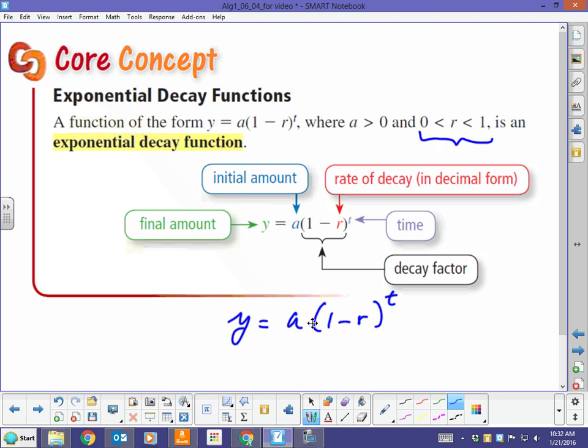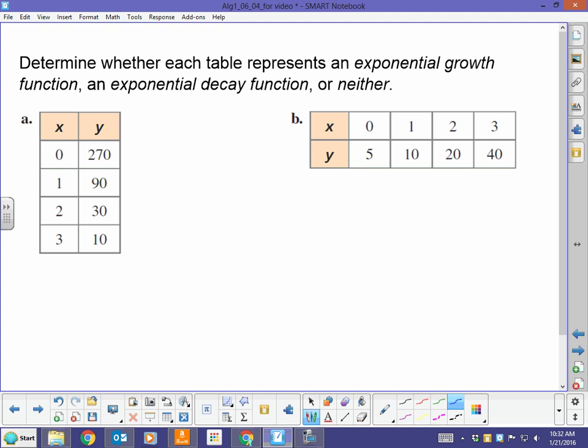Okay, so let's take a look at an example. Here, first of all, let's ask if the table represents exponential growth or decay or neither. Well, we learned previously about having a common factor for a geometric sequence.